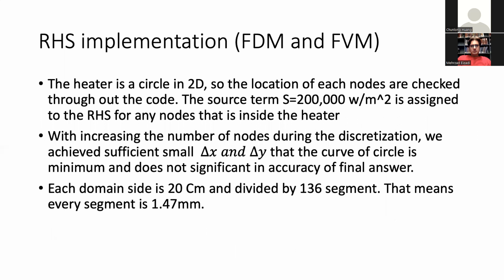And talking a little bit about the right hand side, we picked our heat source as 200,000 watts per square meter, and this heat is the minimum heat we can pick, basically an optimized value. Also, by picking a small enough delta x and delta y, we could cover the curve of the wire inside the blade.